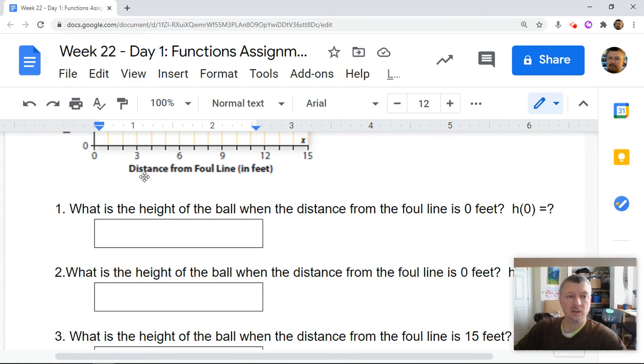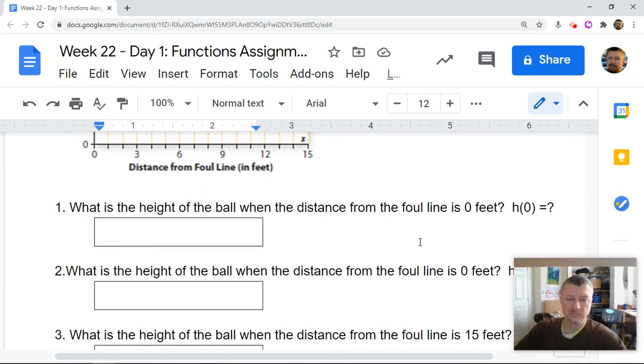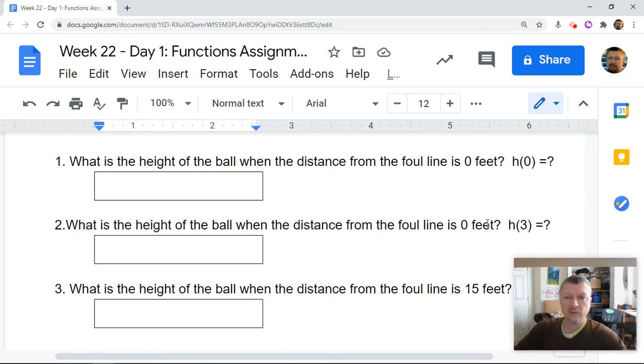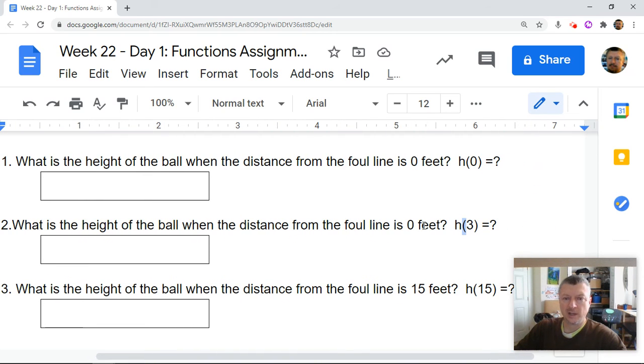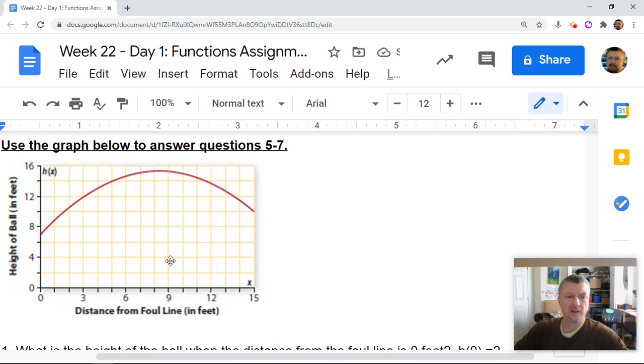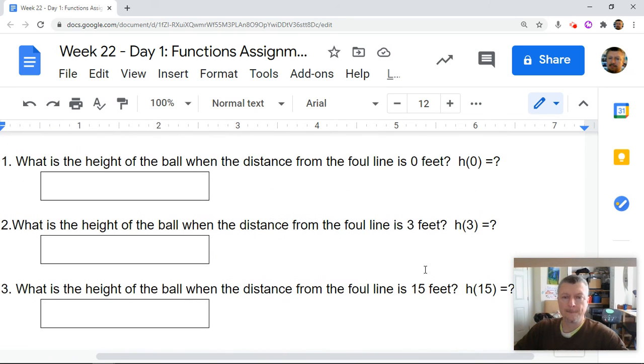H of 0, 0 distance from the foul line. How high is the ball, right? So the other one, 3. Oops, I gotta fix this. That's going to be a 3. I caught that one. 3 feet from the foul line. How high is the ball? 15 feet from the foul line. How high is the ball?